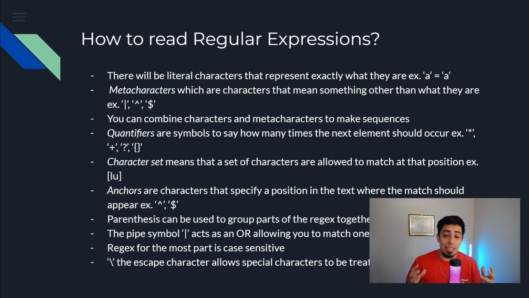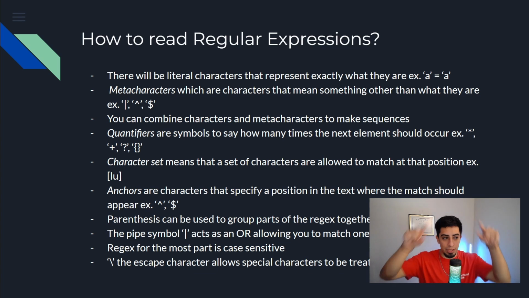You can combine these characters and meta characters to make sequences, like we just saw in the previous example of that very long string. When you combine them together, they make a regular expression. You then have quantifiers, which are symbols that say how many times the next element should occur. Examples of these are the asterisk, the plus sign, question mark, and then the curly braces. A character set means that a set of characters are allowed to match at that position.